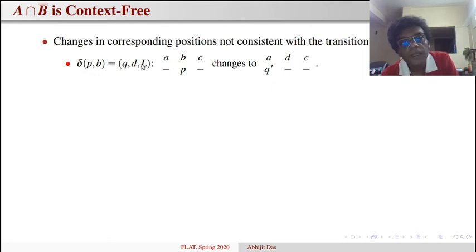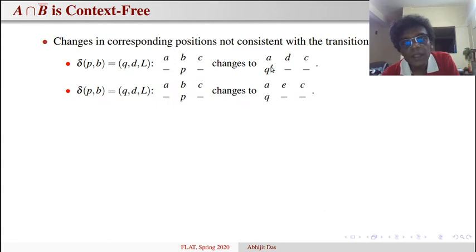Okay. Then one possibility is B is overwritten by D, and the head moves left, but instead of going to state Q, it goes to some other state Q prime. Okay. So this is an inconsistency.